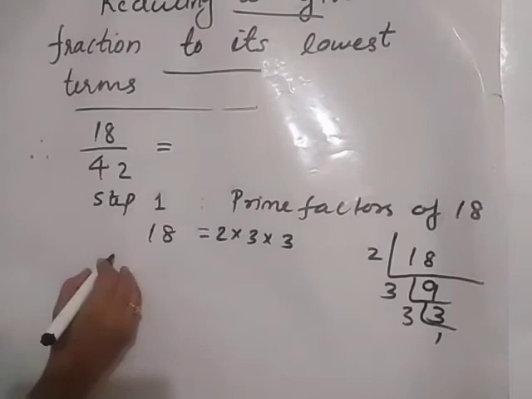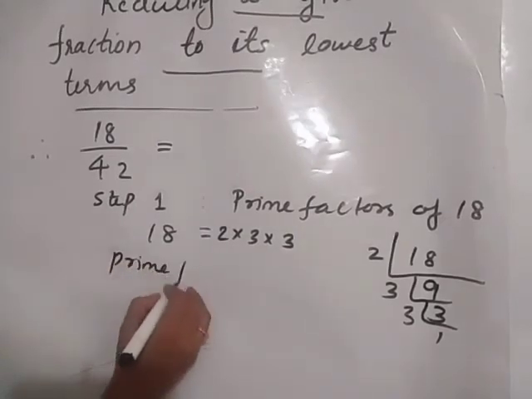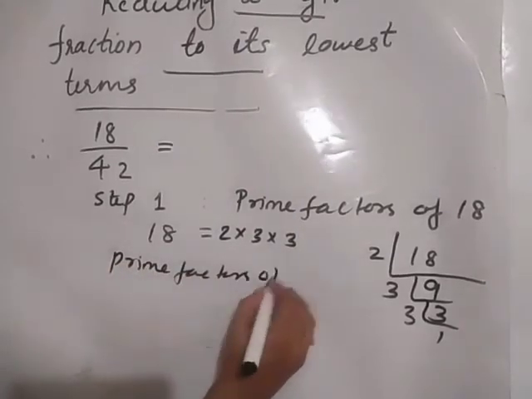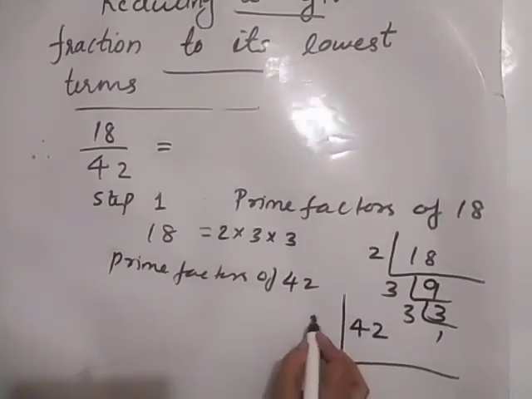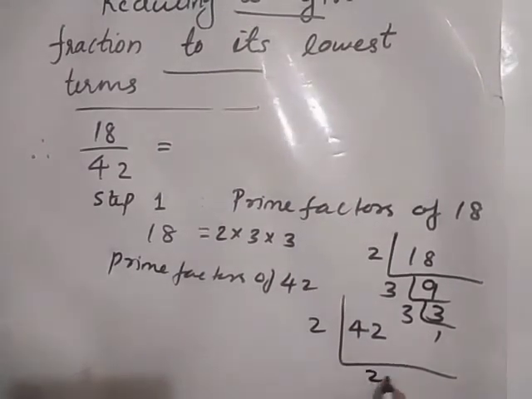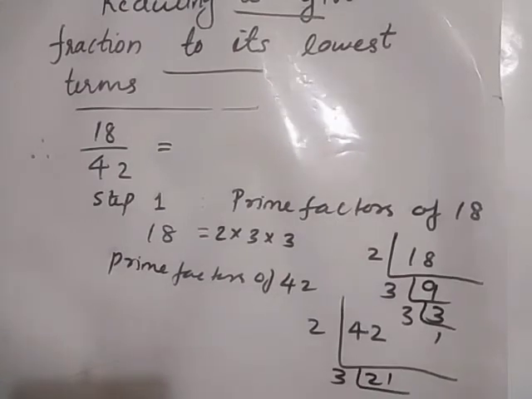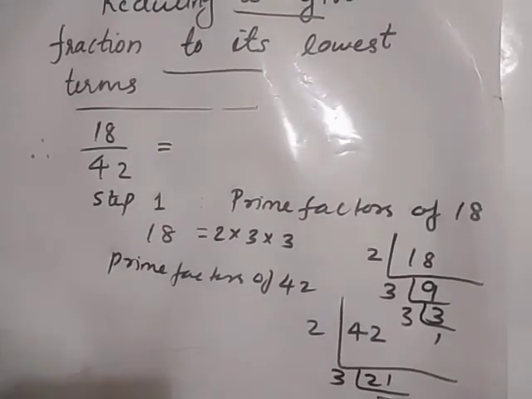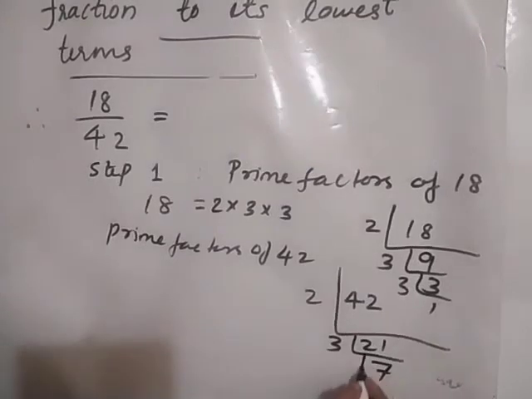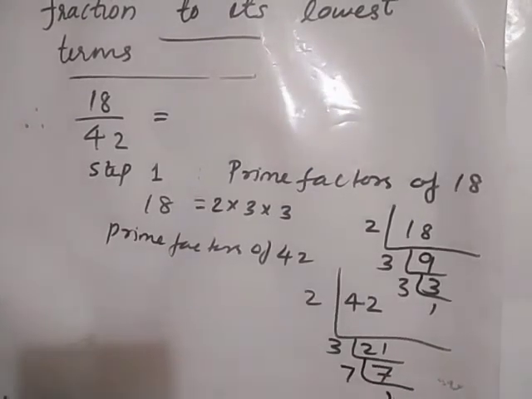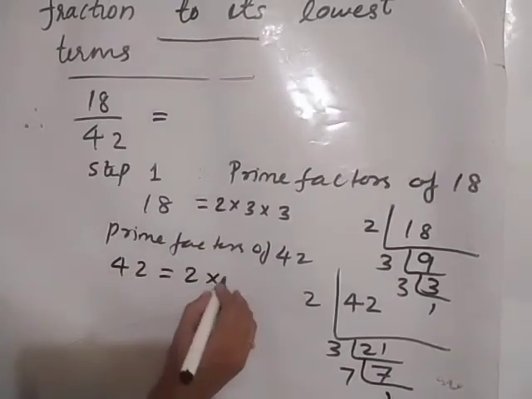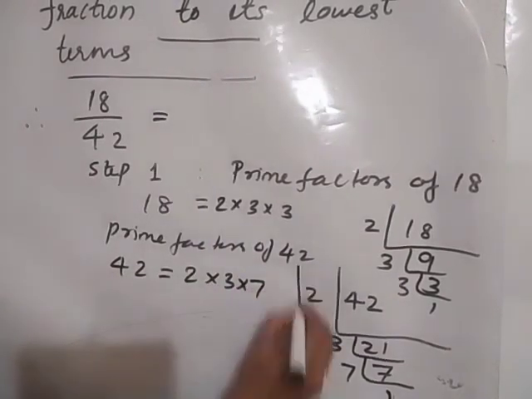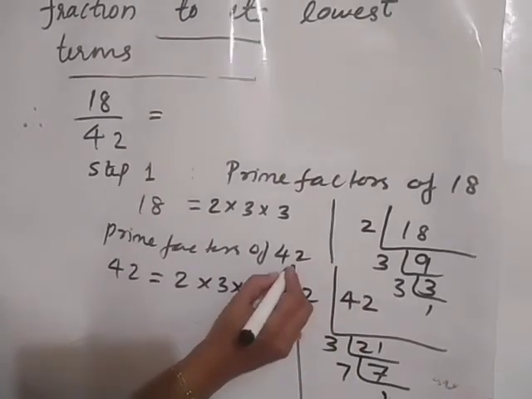Now the prime factors of 42. Let us do the prime factorization of 42. It's divisible by 2, giving 21, divisible by 3, giving 7, which is divisible by 7, giving 1. So 42 can be expressed as 2 into 3 into 7. Understood?